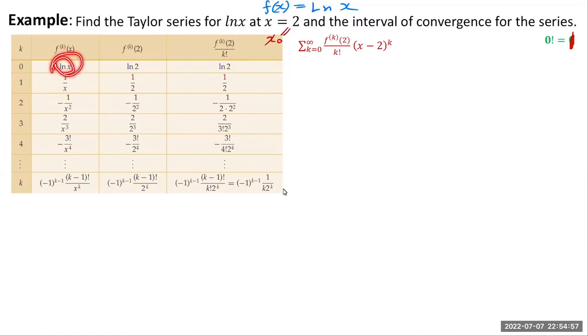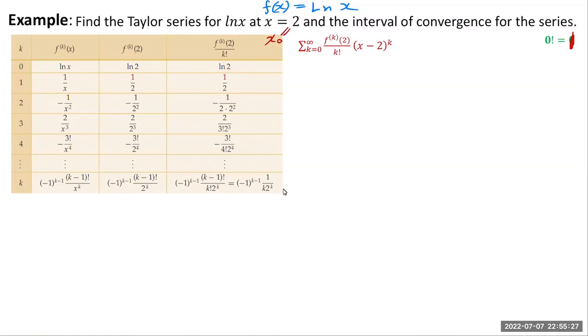You take the derivative and put it here, that is 1 over x, and then you plug in x equal to 2 to get f^(1)(2). That is 1 over 2. In the second column, you always plug in x equal to 2. And then finally, you divide everything by 1 factorial, which is just 1. So that is going to be just 1/2.